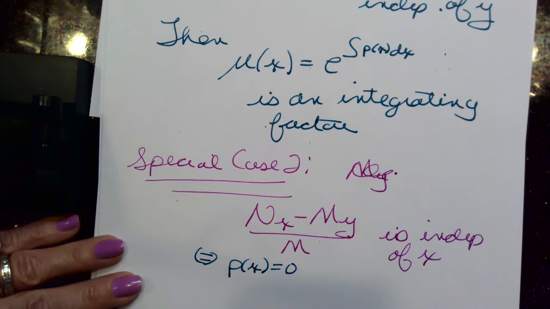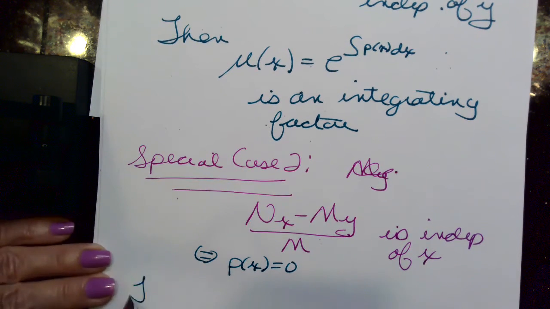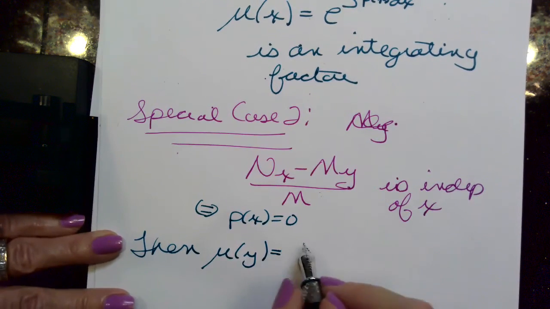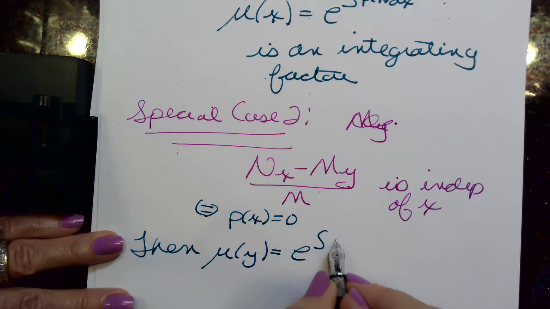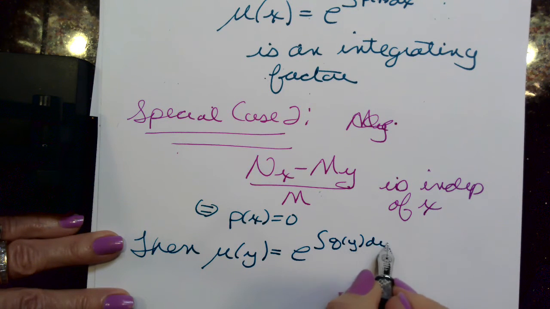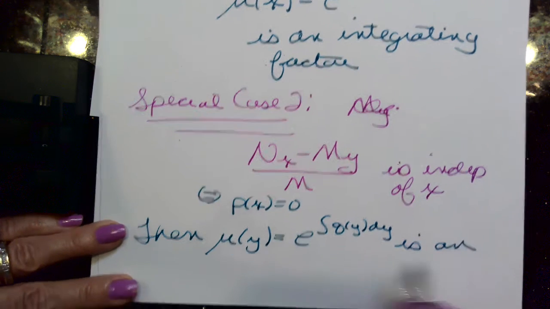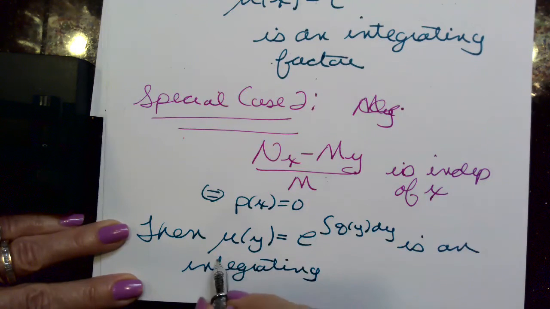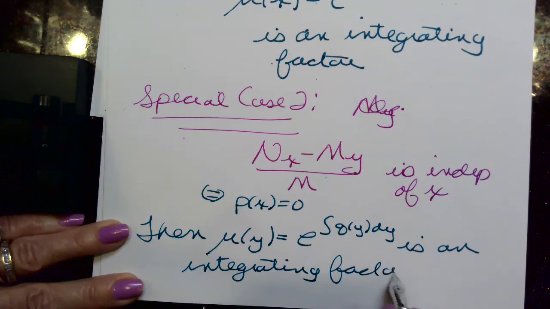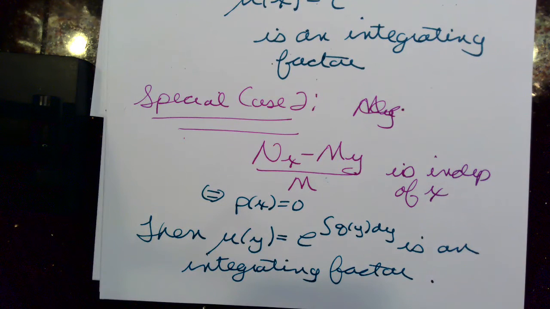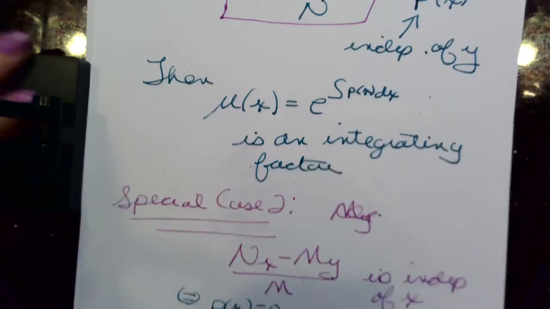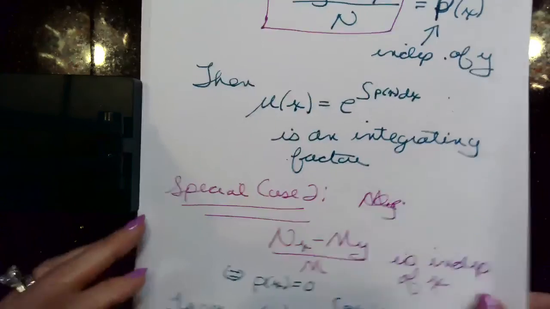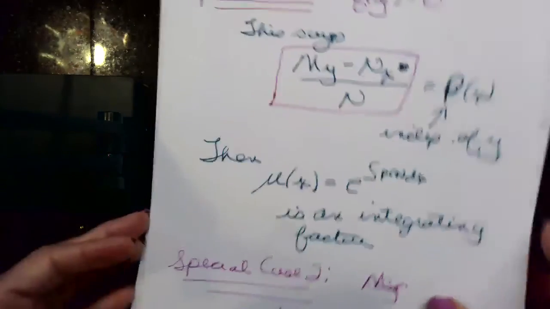Okay, that's an equivalent way to say it. Then mu of y equal to e to the integral q of y dy is an integrating factor. And those are the only two special cases we're really going to be interested in. I think it would probably be better if I made this. Give me a second to do this so we can see a little more of the paper at one time when I do it.